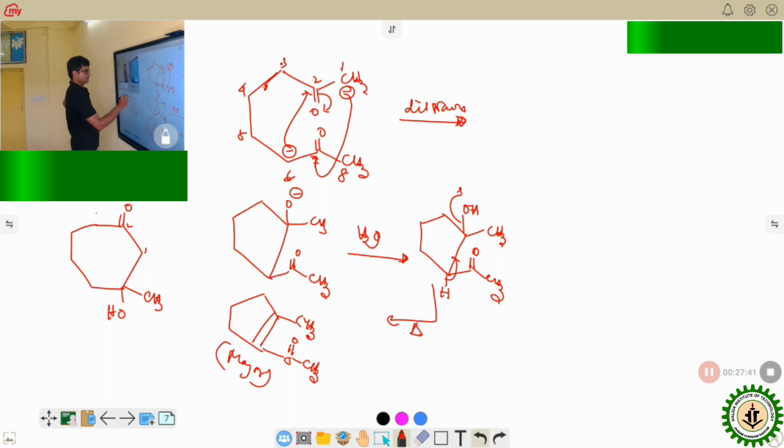I have done the numbering from 1 to 7. Now after elimination of water, it will form an alkene.